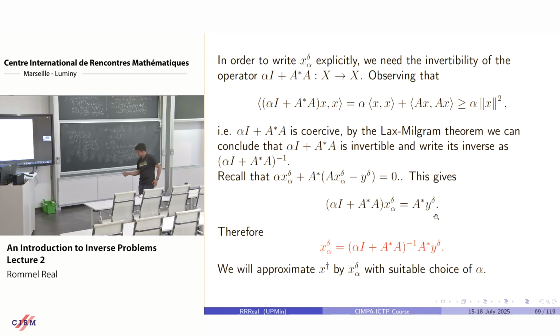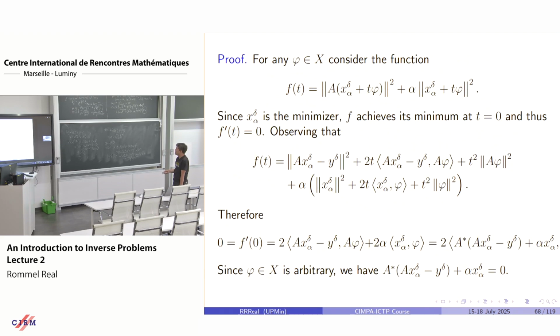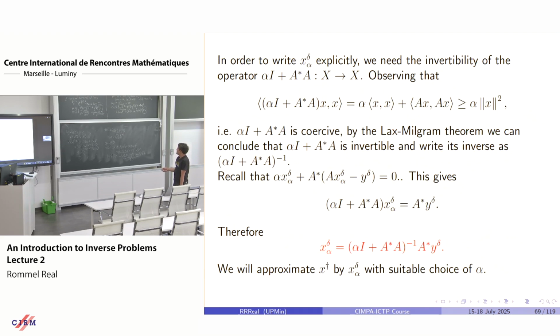But later we will see that in the convergence analysis, we will always go back to the earlier definition of x sub alpha delta as the minimizer of the Tikhonov functional.